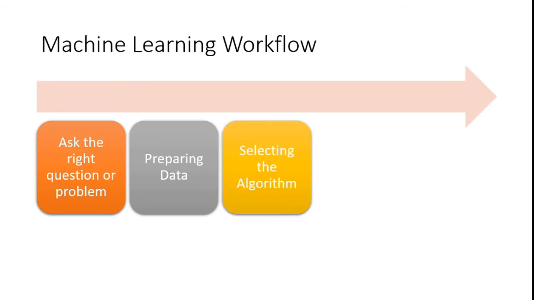Now, selecting the algorithm, which solely depends upon your first phase, that is the problem. Based on your problem, you know what kind of machine learning algorithm you need. There are numerous well-established algorithms available and already applied for machine learning, ready for applying in a machine learning solution.